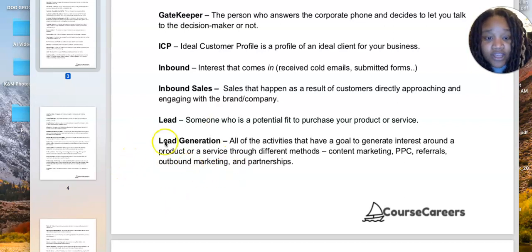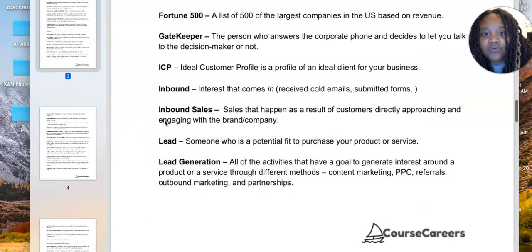So lead generation is very, very important because that's ultimately how you get leads, which is how you're able to set appointments and get sales. There are different ways that you can generate leads, but the whole entire point of generating leads is to have leads in order to generate revenue.